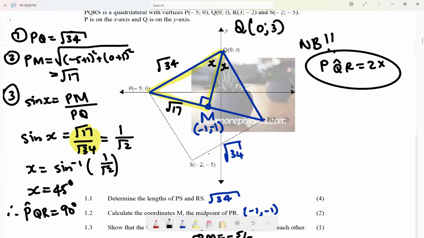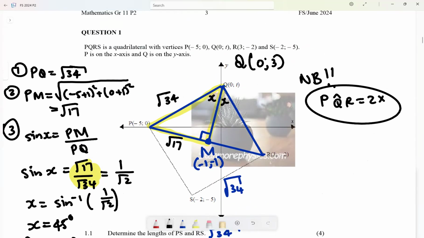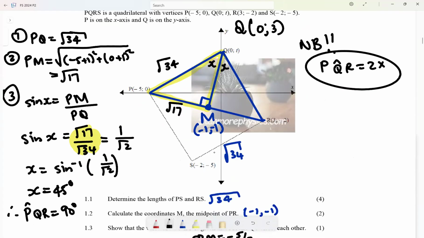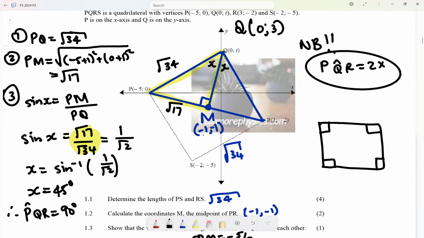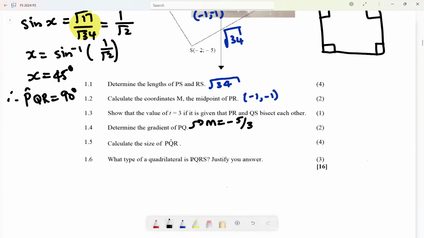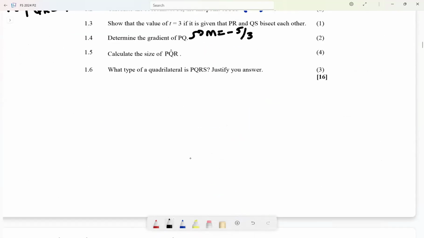And it should be reasonable that it is 90 degrees, because in a square, the angles here are equal to 90 degrees. So this now proves to us that this is a square. Okay, yes. Now they ask us the last question: what type of quadrilateral is PQRS?